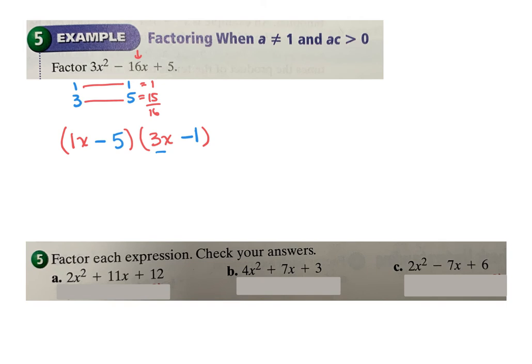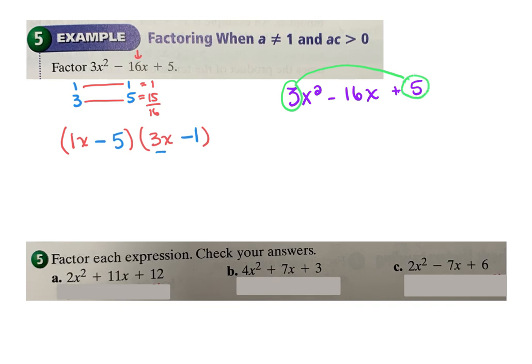All right, so we have this 3x squared minus 16x plus 5, okay? The first thing you do is you multiply across. So I'm going to take my 3, this is sometimes called the rainbow method, by the way, and I'm going to multiply it across to my 5, all right?